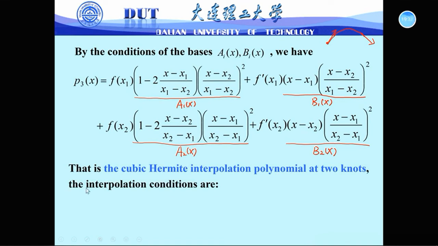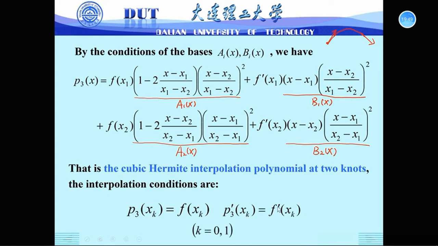And actually we use 4 interpolation conditions. That means P3 at xk equals f(xk), and the derivative P3' at xk equals the derivative of f at xk. Here k should be 1 and 2, because we use x1 and x2.